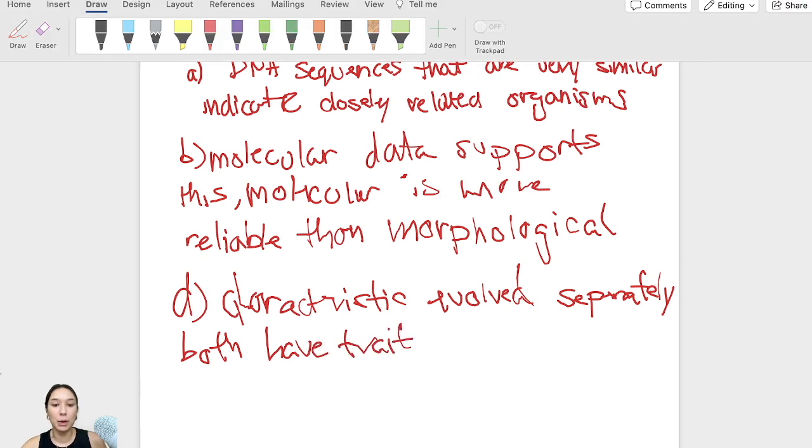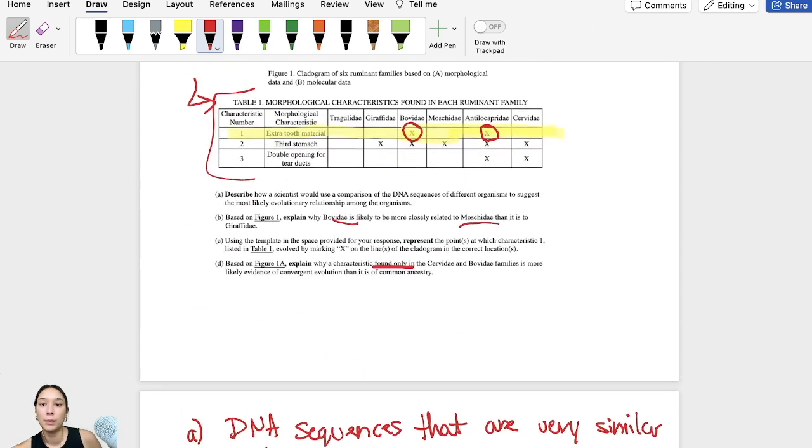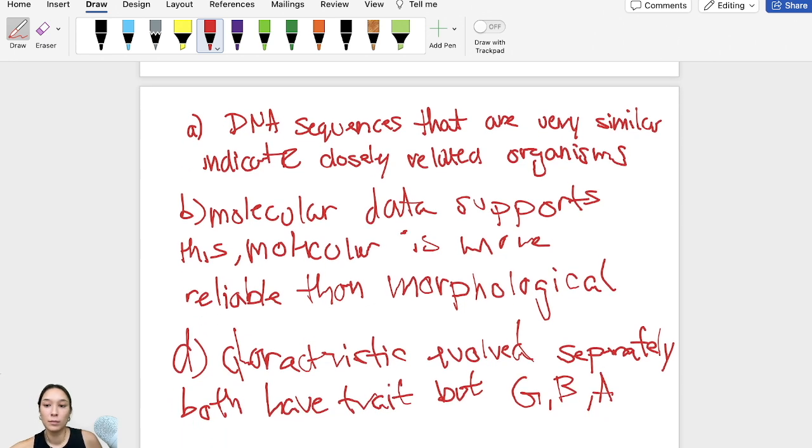I would say that they both have the trait, but Giraffidae, Moschidae, and Antilocapridae do not. I'm just going to put the acronyms. We'll put G, B, and A. Okay, so that should be fine for this question.